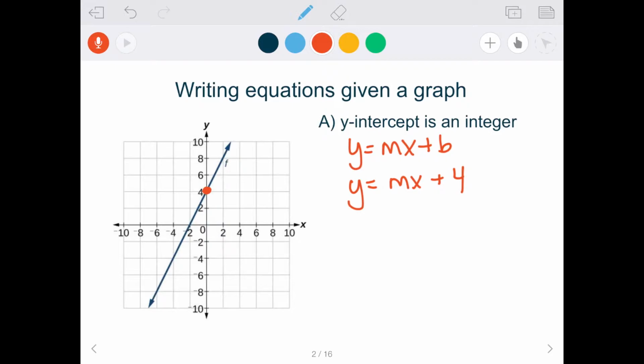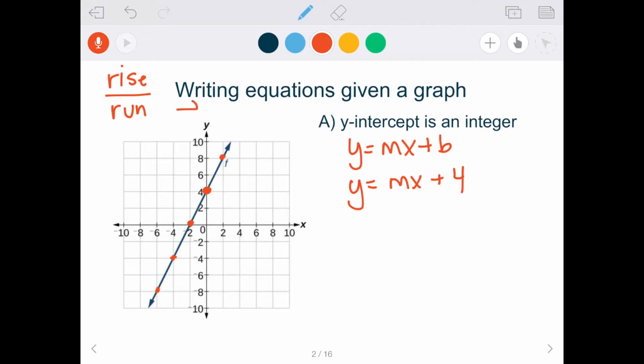My question is, what is the slope? So remember, what you do is you find another point on the graph where the line crosses through the grid. So for example, right here, right here, right here, right here, and you choose any two of those points. You start at the bottom one, you count up, that's your rise, you count over, that's your run.